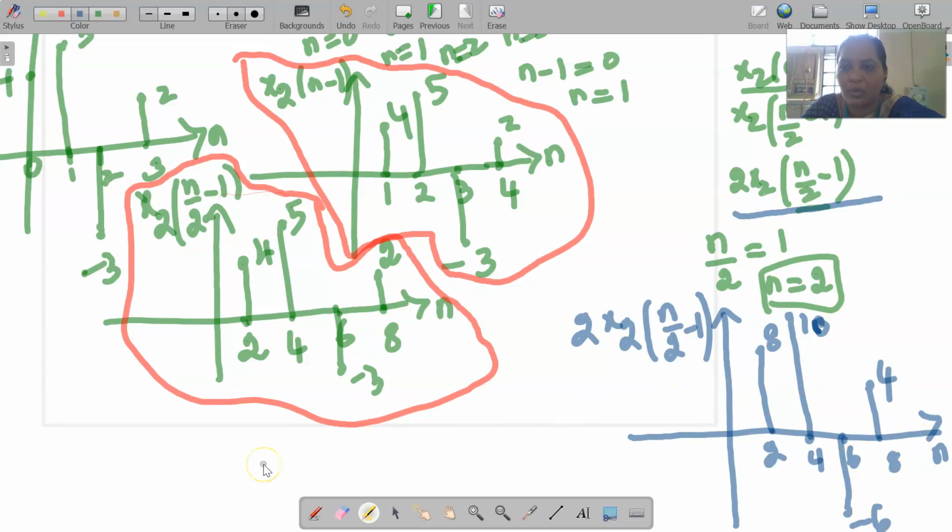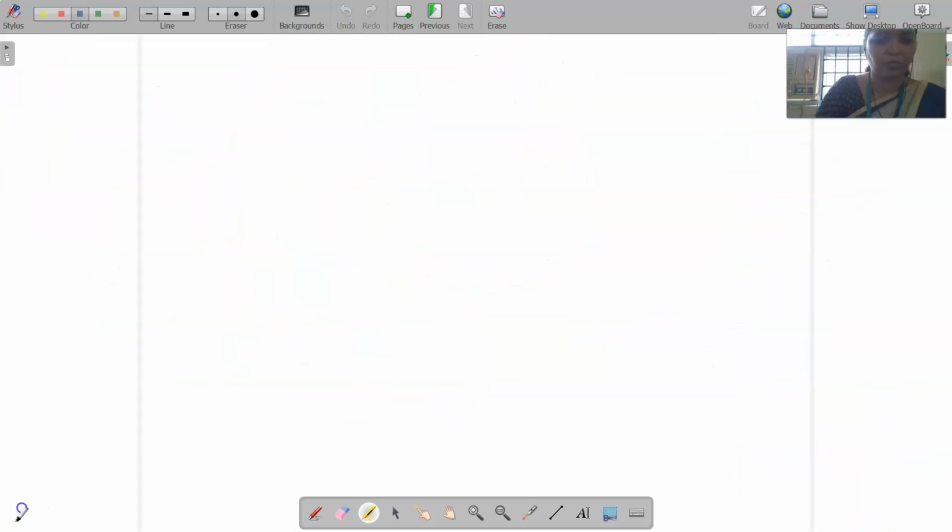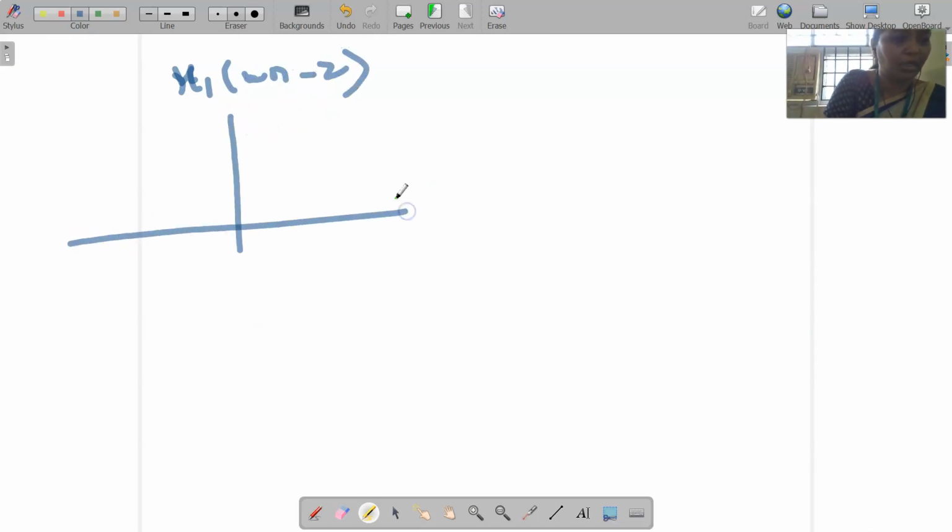Okay. So now we have to add both the signals. X1 of n, that is your first signal, with the second signal we have to add. Now just draw your x1 of n first. X1 of minus n minus 2. What is the signal? For minus 3, minus 2, minus 1, 0 we have the amplitudes 4 and then 3 and then 2 and then minus 1.